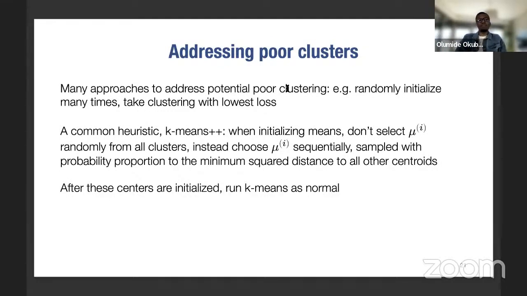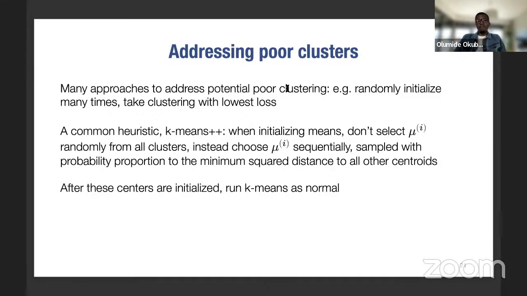And now you're going to sample from this. If you sample from this, what that means is that the points that are farthest from your current centroid have a higher probability of being chosen, because of course the distance is larger.